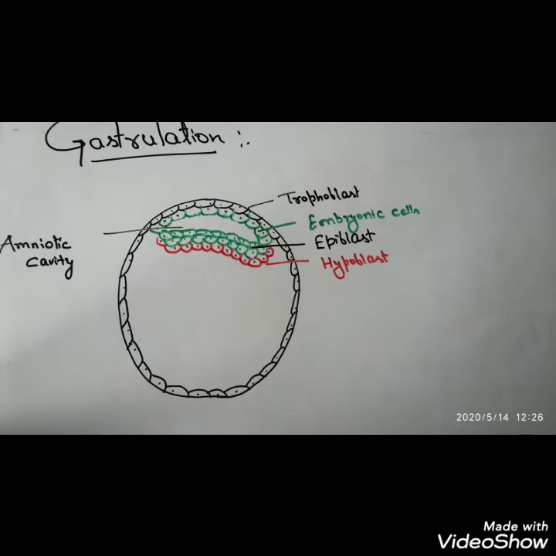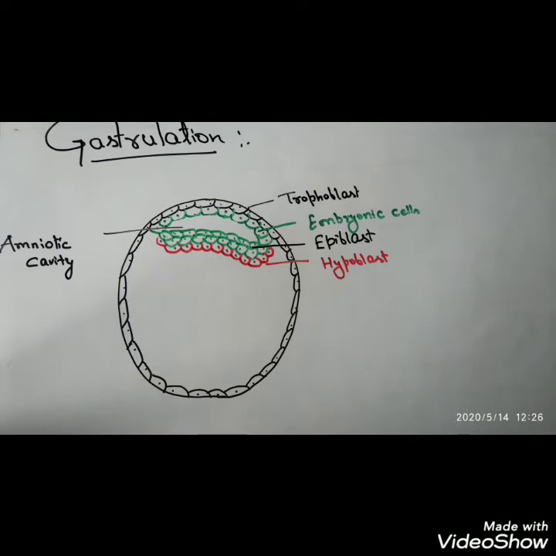The upper layer is the epiblast layer and the lower is the hypoblast layer. As given in the figure, you can clearly see the presence of the amniotic cavity and both the layers, that is epiblast layer as well as hypoblast layer.